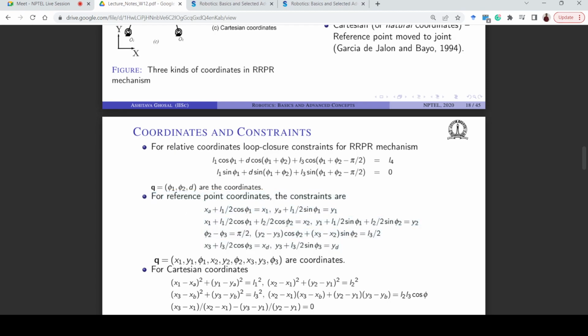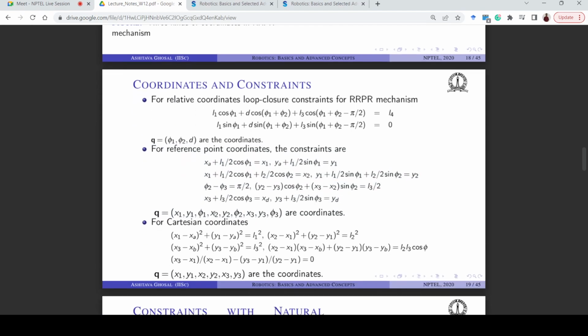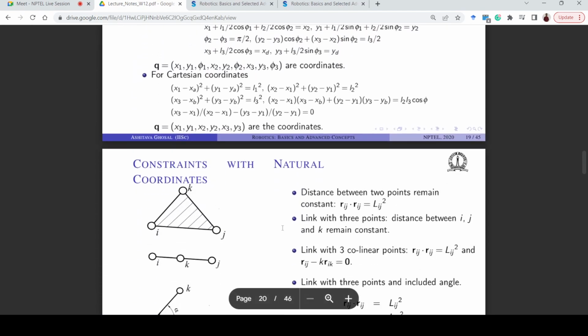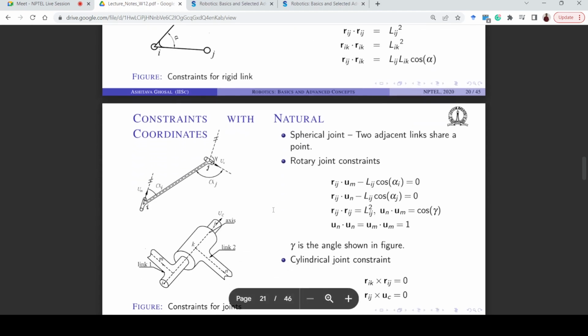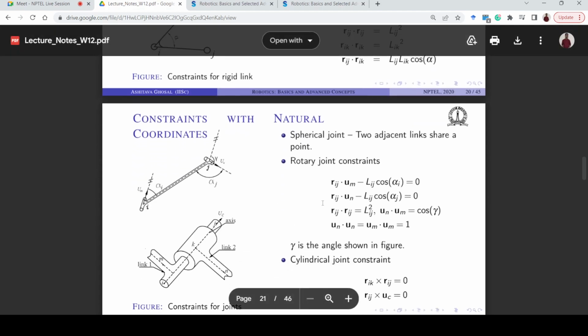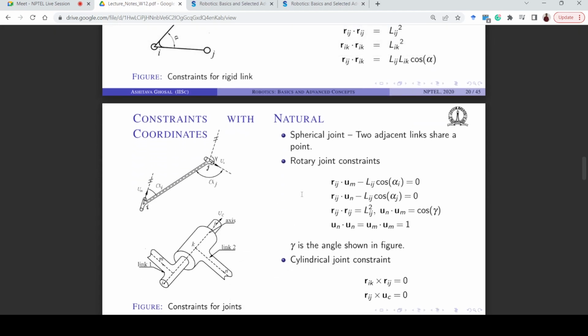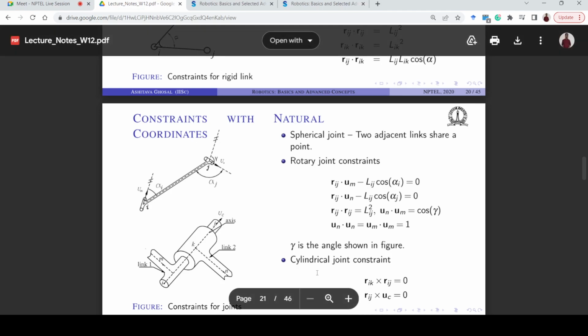When we do not know the actual number of degrees of freedom, this is when the idea of the nullity of the Jacobian comes in, and that has been discussed afterwards.